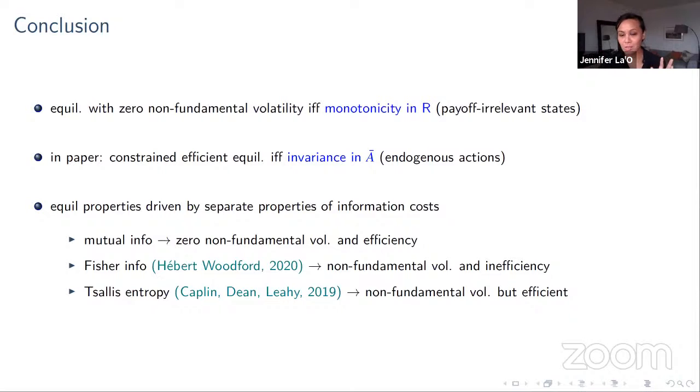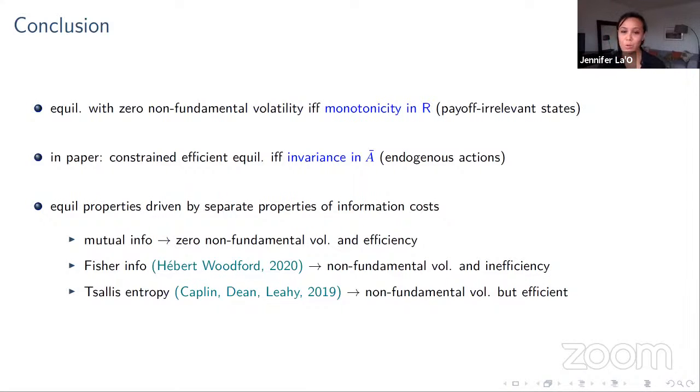Then if you want to give agents more information, in that class of models you are in a constrained efficient equilibrium. Now, if you add information acquisition, as long as cost functions are invariant in A bar, you're still in a constrained efficient equilibrium.